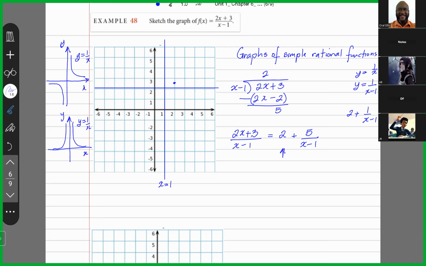If x is 2, it would be 3. So that would be here. If x is 3, it would be 2.5, which would be here. And this would be 2 1/3. This would be around here.